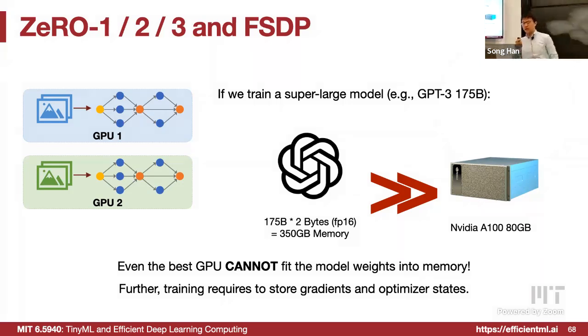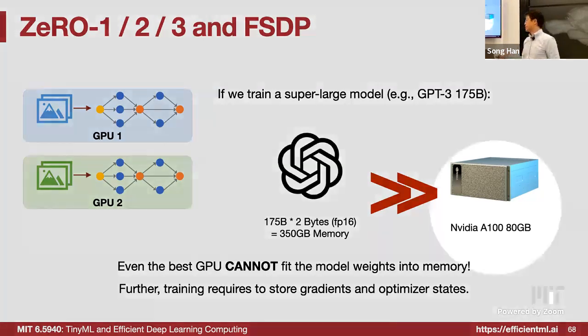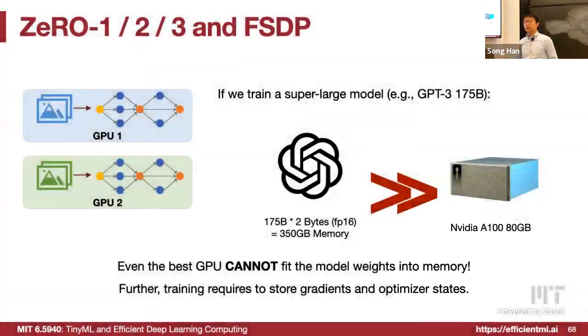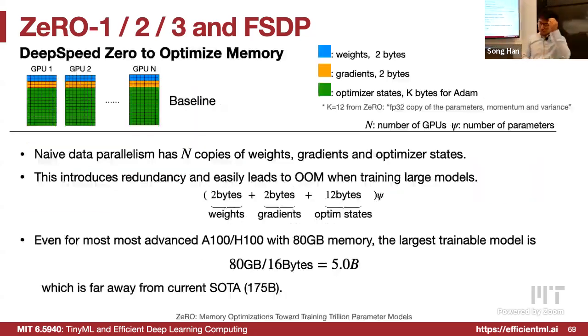B100 is getting larger, but still less than 200, right? So even the best GPU cannot fit the model's weights into memory.